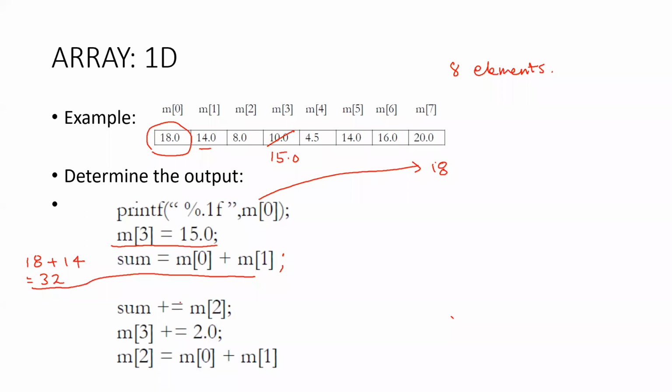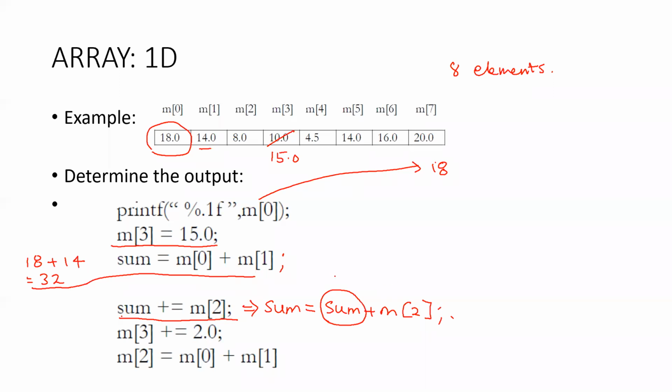So dia akan dalam kes ni dia akan store nombor 32 tu dekat variable sum. Okay. Kalau then kita test the next line, sum plus equals to 32. So kalau saya expand benda ni, dia akan jadi sum equals to sum plus M2. What's the value of this one? 32.